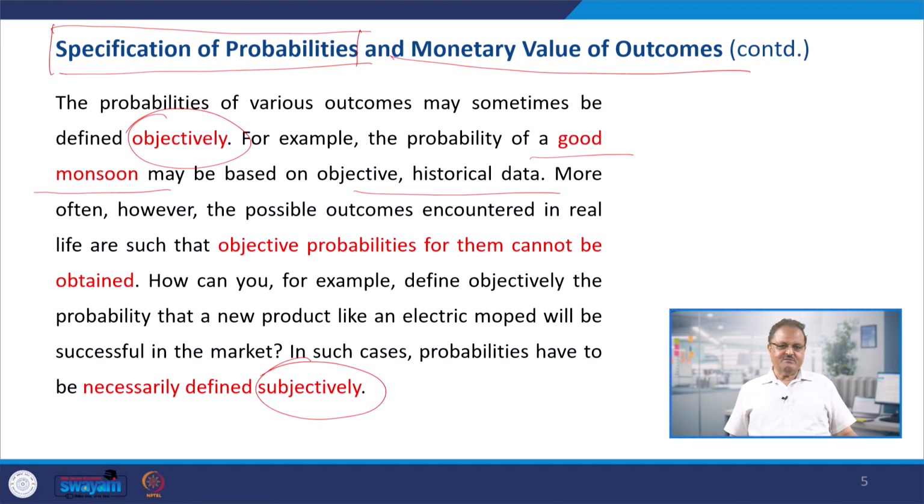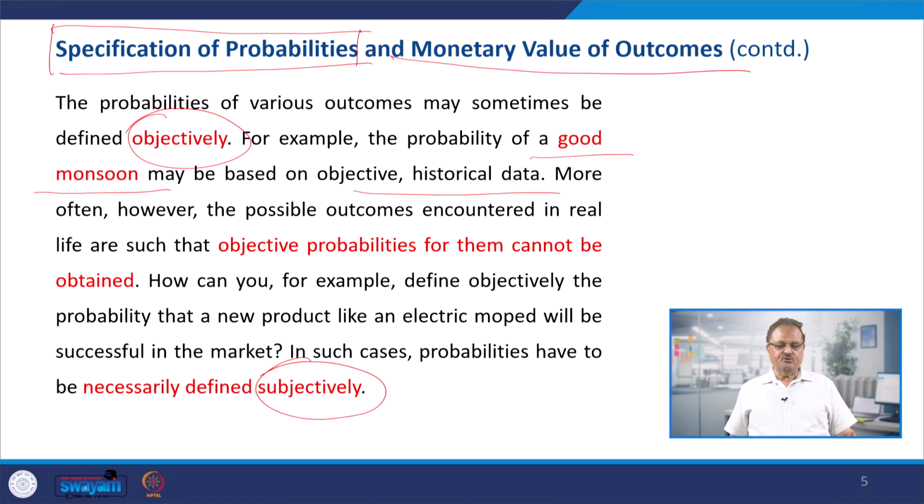And when the element of subjectivity is very high, and the experience of the consultant or the person making the estimates of the probability and the monetary value is not very good, and he is not conversant with the market in which we are going to produce and serve the product, then finally the outcome may not be as desired. So you have to have complete knowledge of the product, complete knowledge of the market, the market base, customers, distribution systems, and distribution channels.